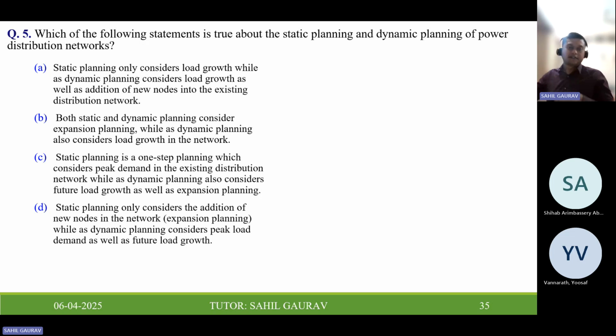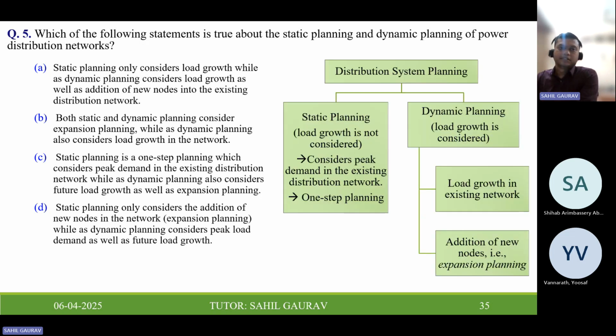See the correct. If you see the distribution system planning, this can be of two types. First is static planning, where load growth is not considered, and in this we consider peak demand in the existing distribution network, and it is one-step planning. While in dynamic planning, load growth is considered, in the existing network, or it can be the addition of new nodes, that is expansion planning.